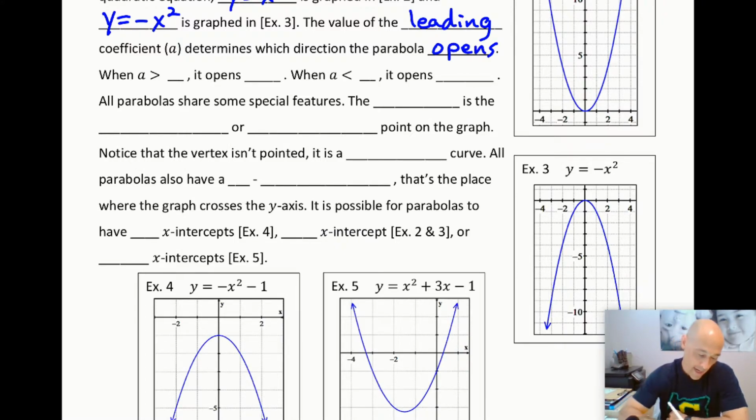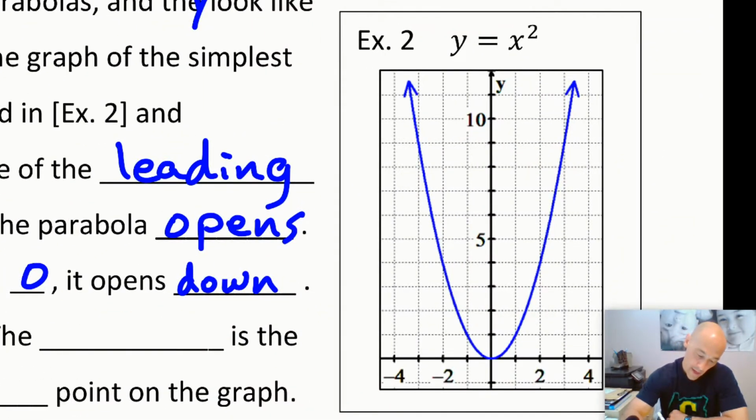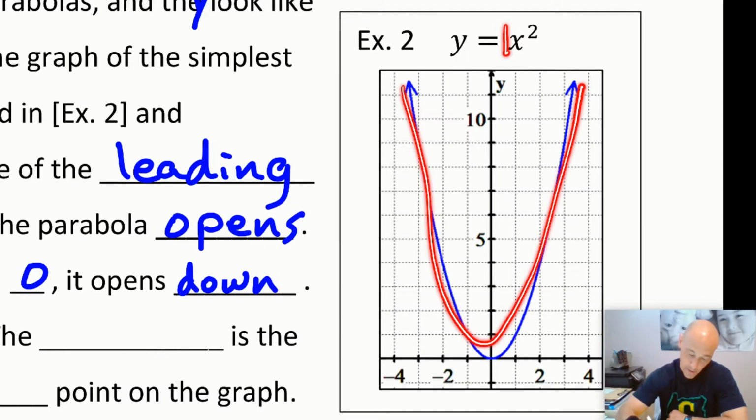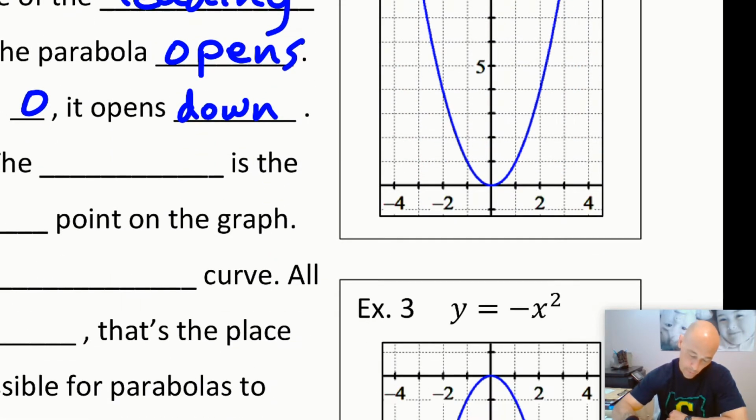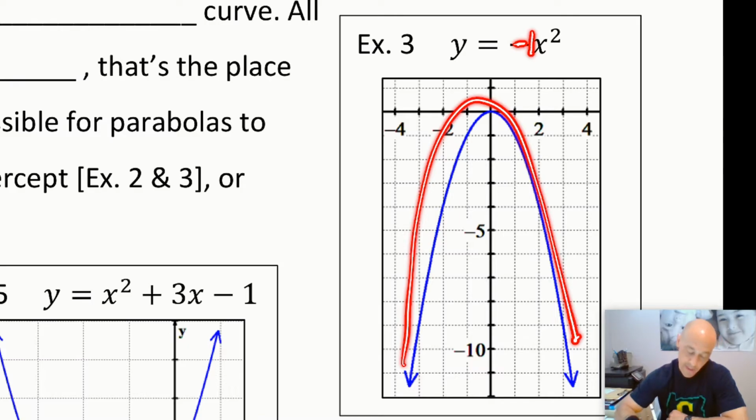So when a is greater than 0, it opens up. When a is less than 0, it opens down. So notice that in example 2 here, a was 1, greater than 0, it opens up. In example 3, a was negative 1, and it opens down.